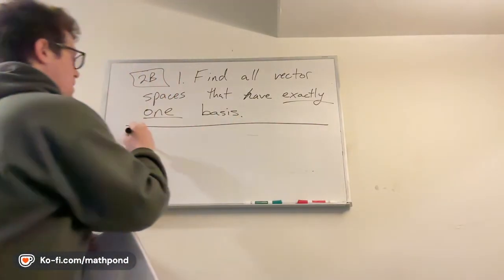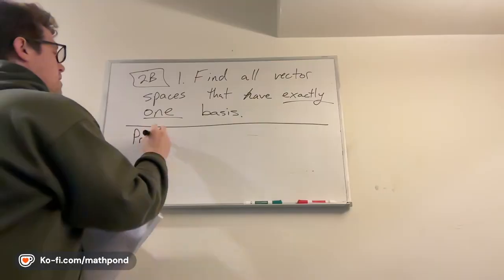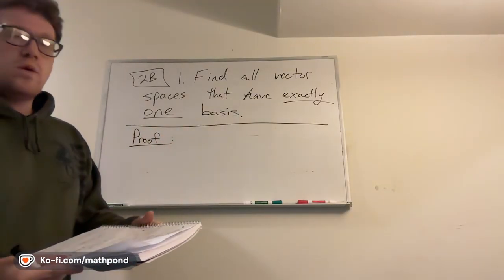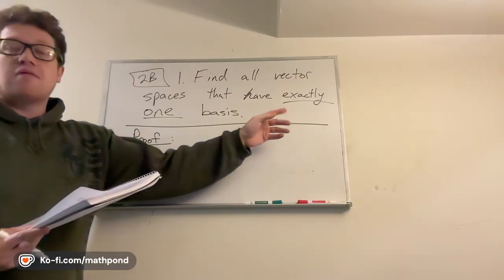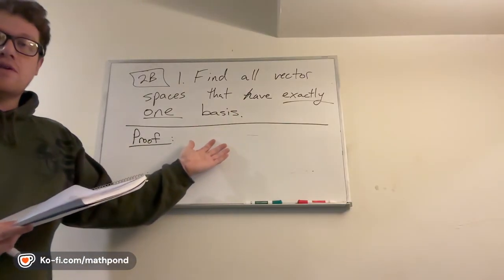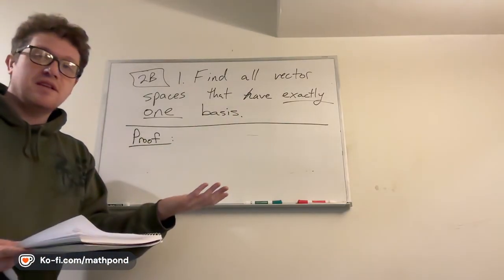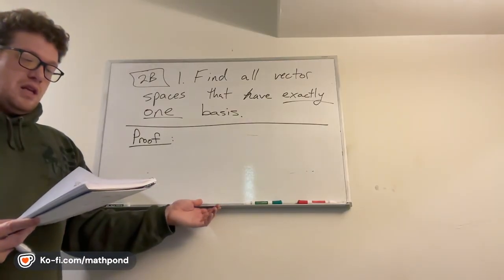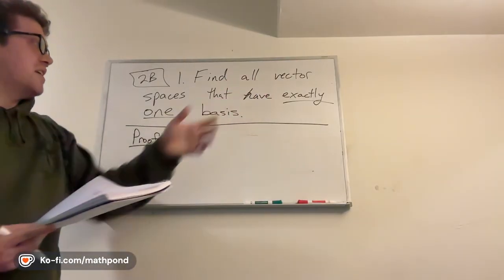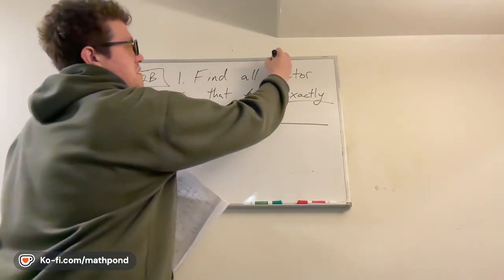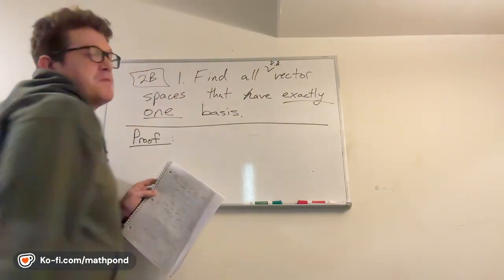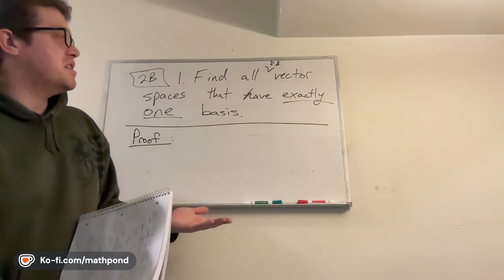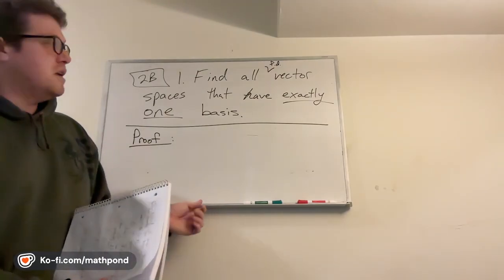So we already said that every finite dimensional vector space has a basis, though it might be the empty list. I think we're assuming here the vector space is finite dimensional, since we haven't really talked about bases otherwise. So find all finite dimensional vector spaces that have exactly one basis.